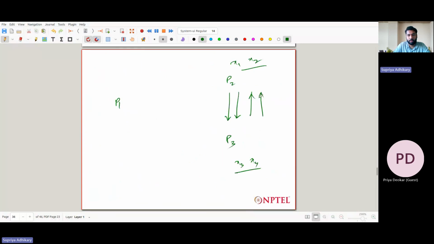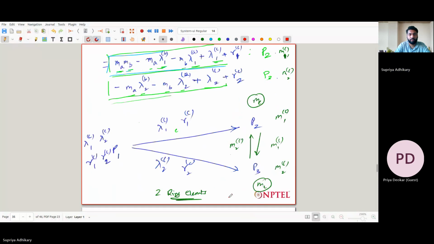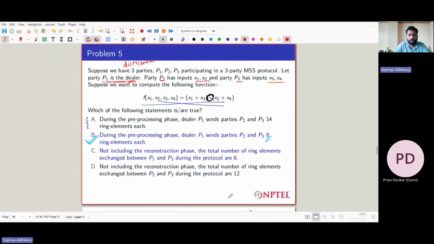So P2 and P3 would have two ring elements communicated among them. So there are a total of 6 ring elements that are to be communicated in total. So C is also true. Now, if C is true, then obviously D is not true, because the total ring elements that we have already calculated is 6, not 12.